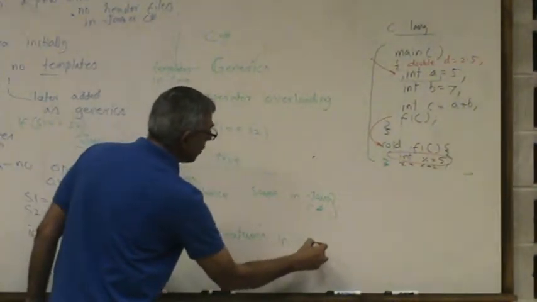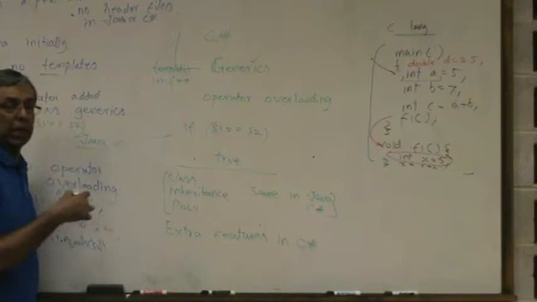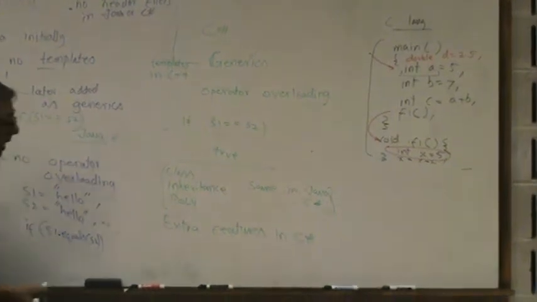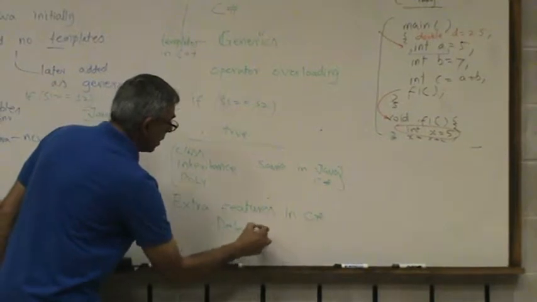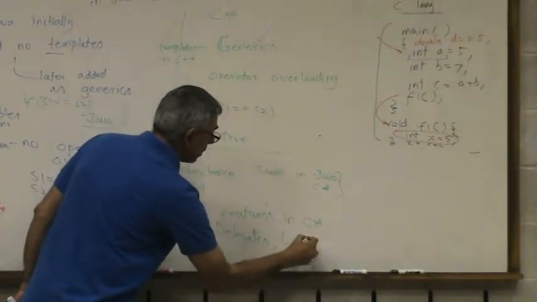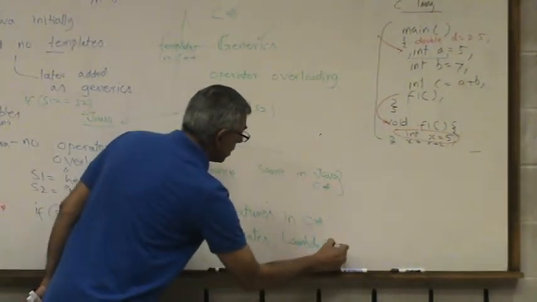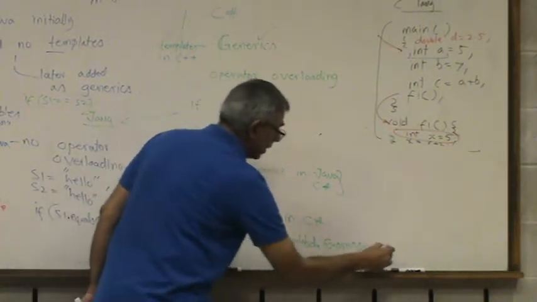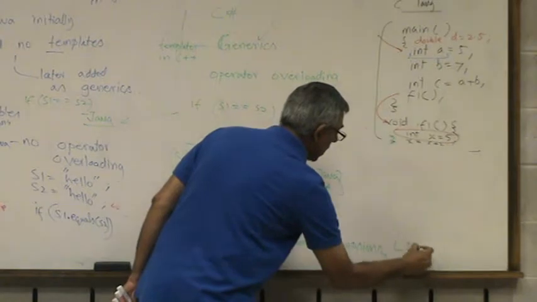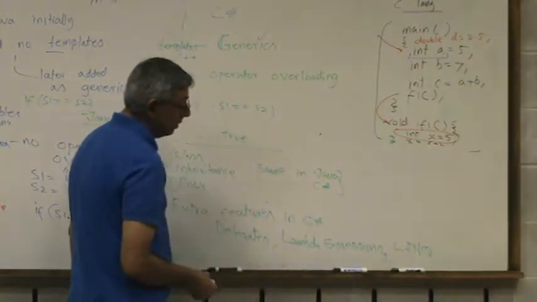And this is where towards the end of the course we'll be spending a lot of time. The extra features, one is called delegates. Lambda expressions. There's LINQ, language integrated query.